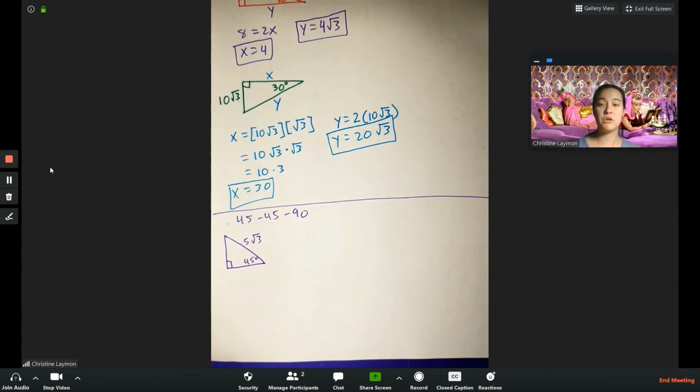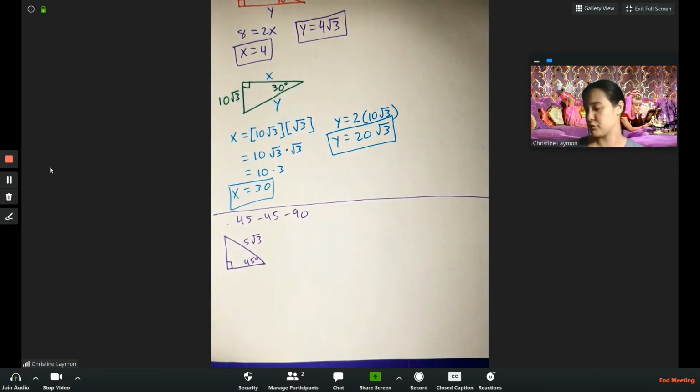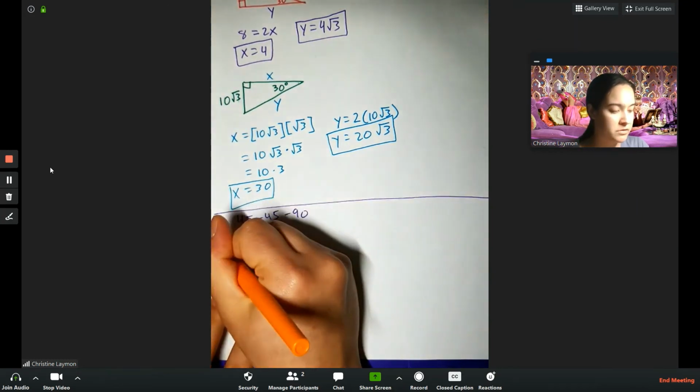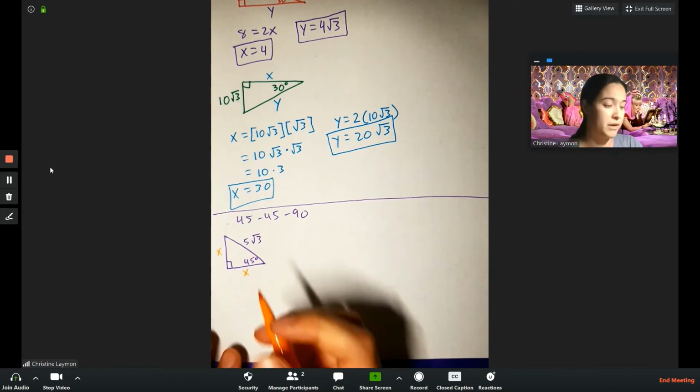Okay, so in my 45, 45, 90, remember that the hypotenuse is the sides times root 2. So I am trying to solve for these two right here. So what I know is that x root 2 equals 5 root 3.